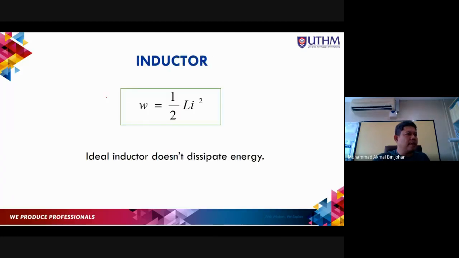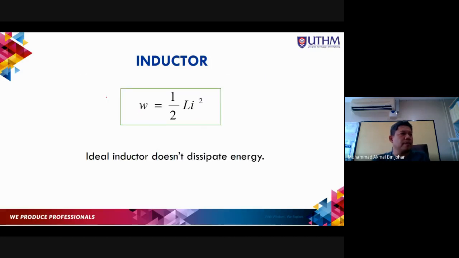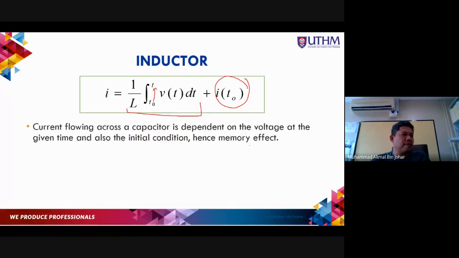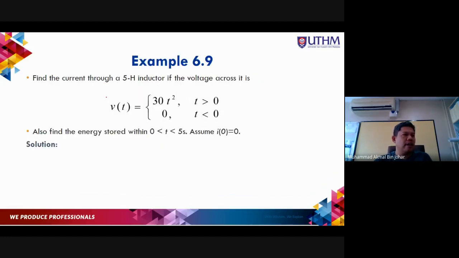So what calculation do we need to use? We need to use this calculation to determine the current inside the inductor: i(t) equals 1 over L, integral from t0 to t of v(t) dt. You need to do the integration.